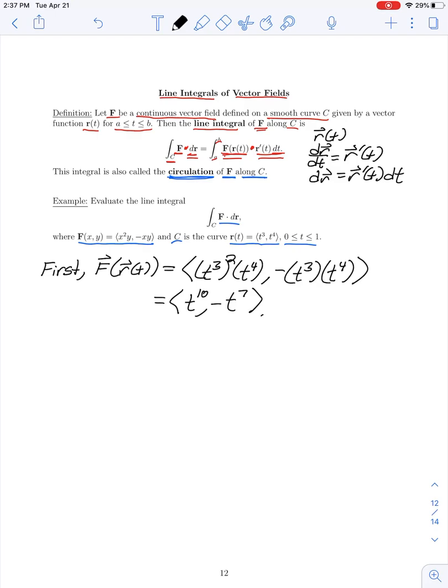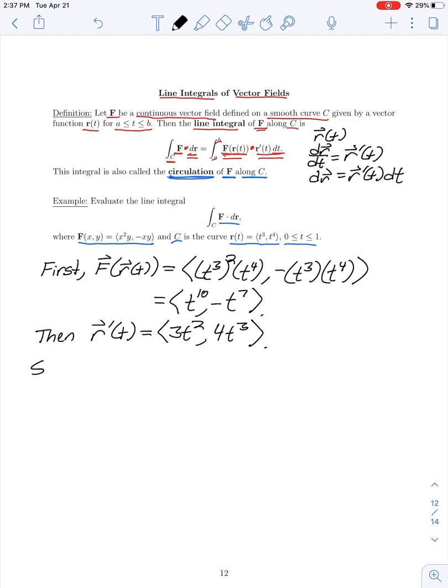So we need to find f in terms of the parameter t, and we also need to find the derivative of r, that is r prime of t. So in this example, r prime is given by 3t squared, 4t cubed.